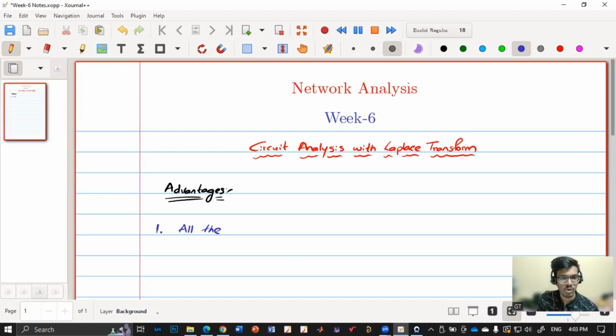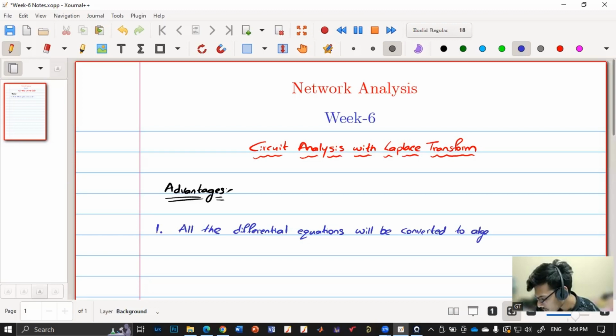There will be no d by dt term or integral term, so it will be very easy for us to solve, just like any other algebraic expression. Okay, this is one advantage.